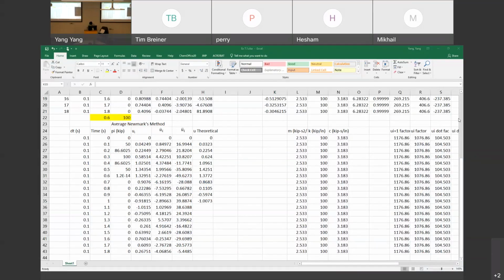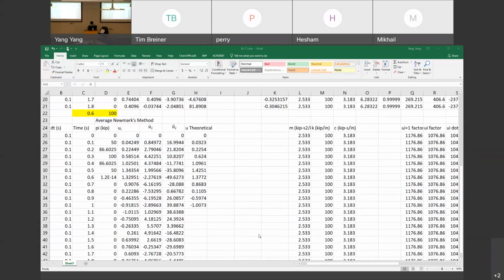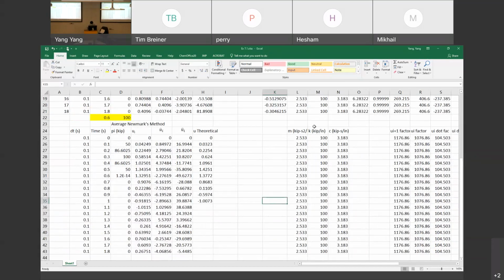Okay, thank you, Dean. So here, as we mentioned earlier, in order to initiate your calculation, you need to know the mass, stiffness constant, as well as the damping coefficient.